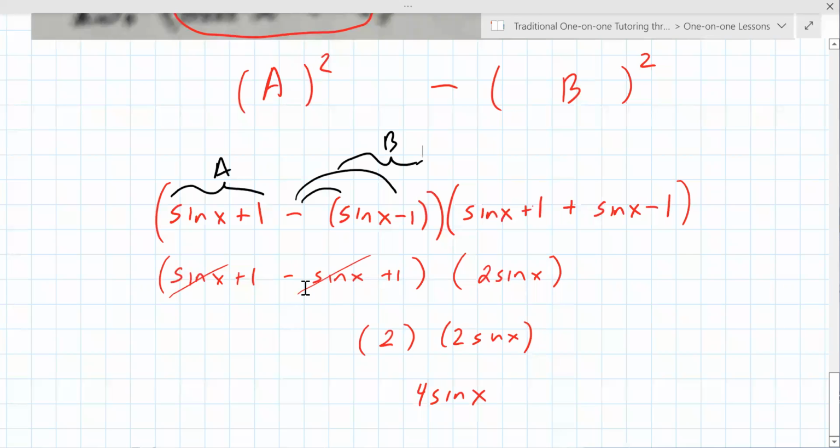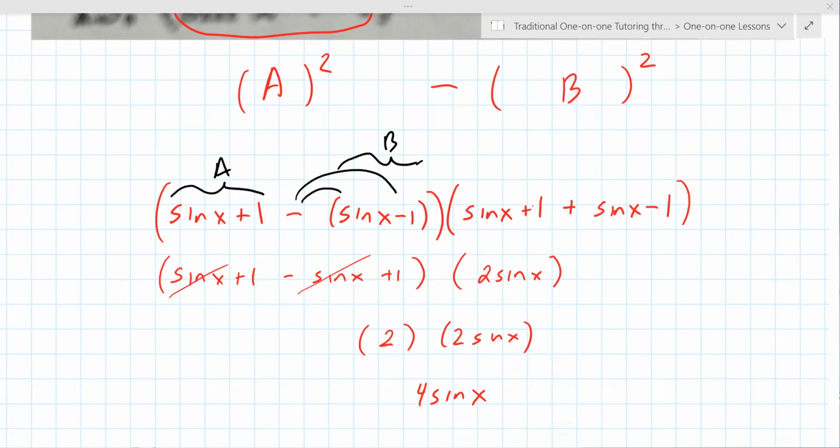So this becomes negative, this one becomes positive, one positive, one negative. And just the 2's are left. 1 plus 1 to get 2. Oh, okay. All right, got that.